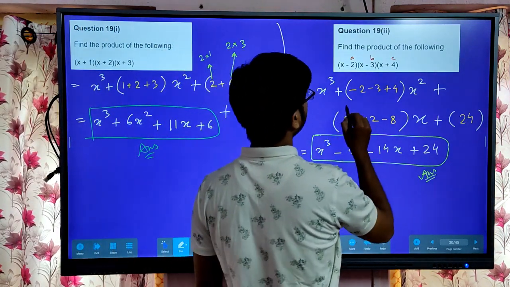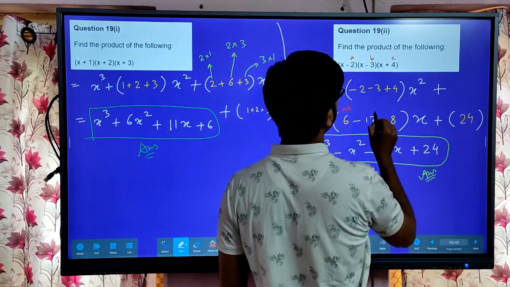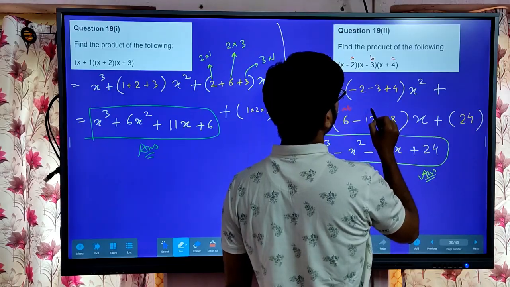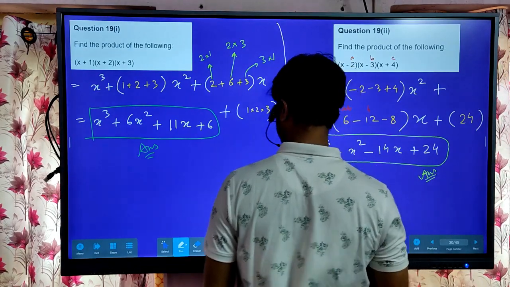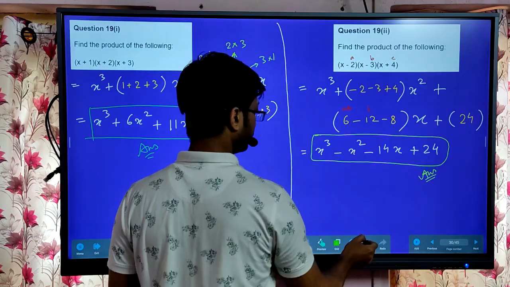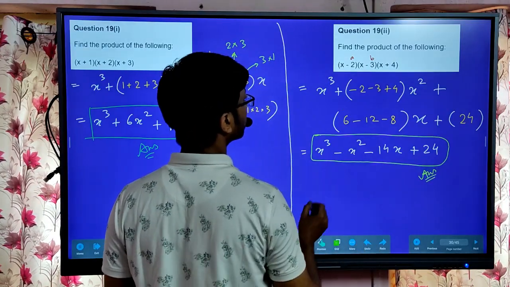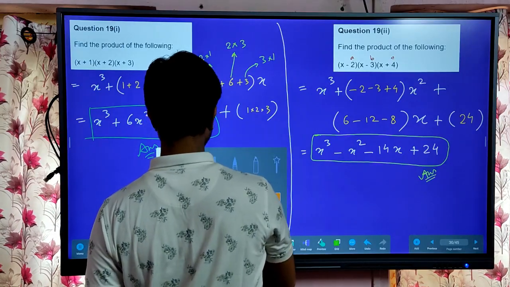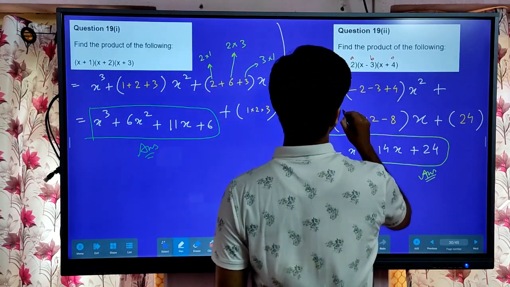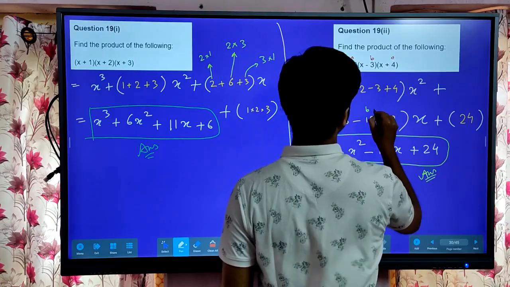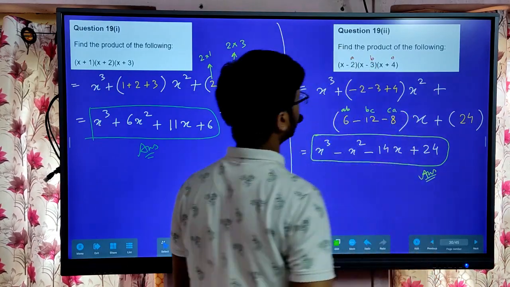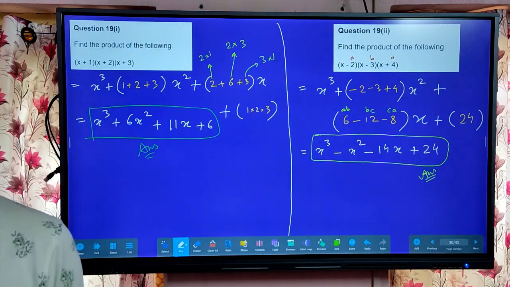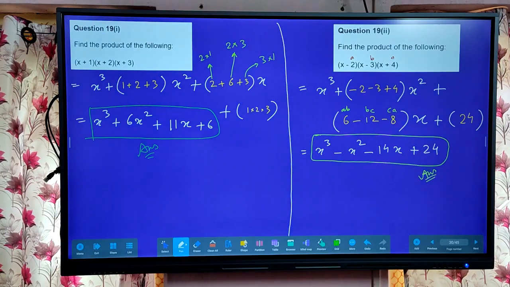So this 6 is coming from AB with sign. This 12 is coming from BC. Let me write with another pen, sorry. This is coming from AB, this is BC, this is CA. Please check whether you understood or not.